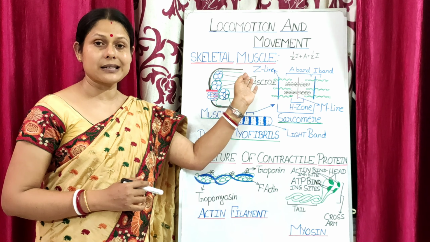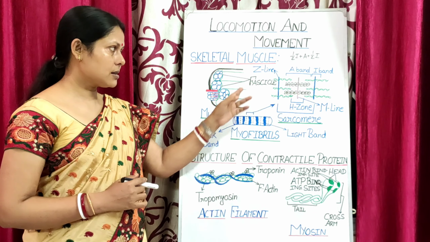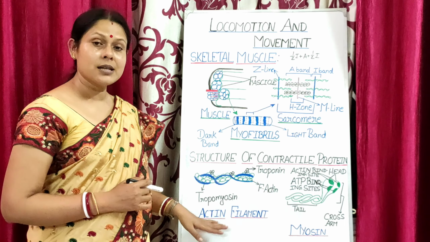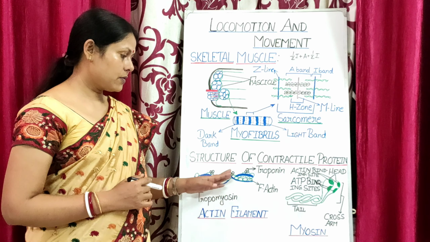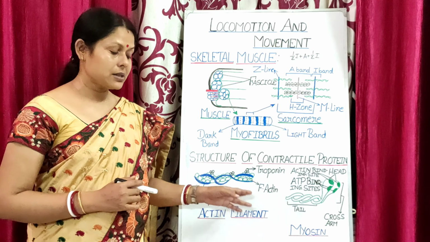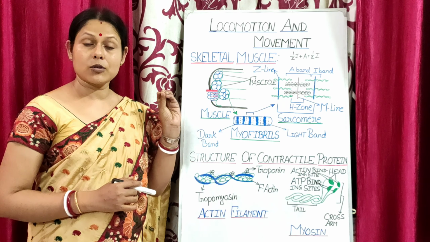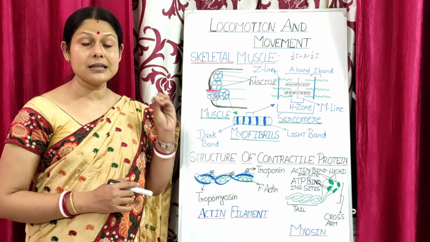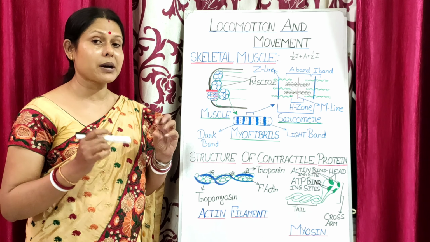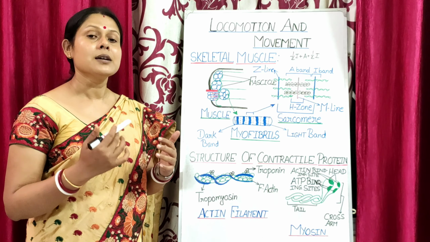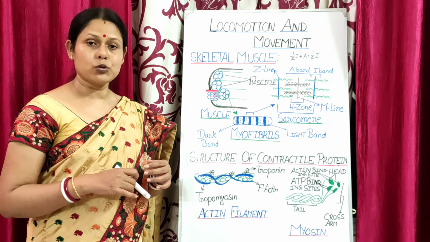Sarcomeres have alternate light and dark bands, and the light bands are made up of actin, which in turn is made up of F actin filaments, the tropomyosin filaments, and the troponin complex proteins, which are masking the places to which the myosin will otherwise be binding when it gets a signal from the motor neuron.